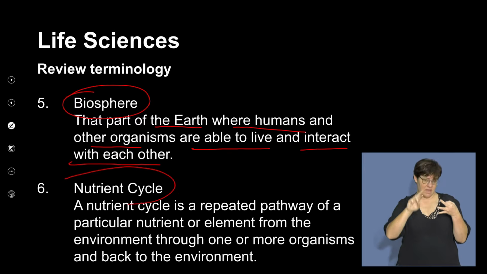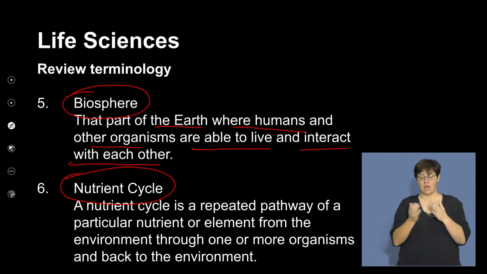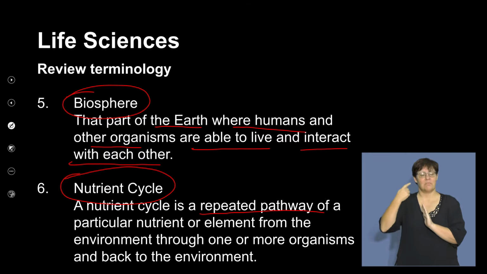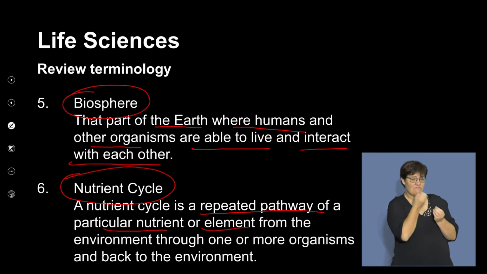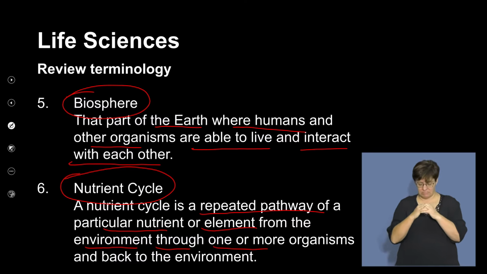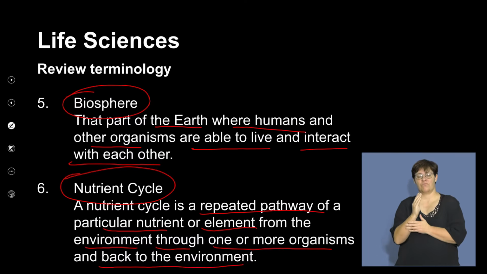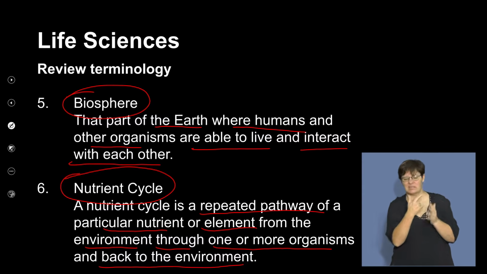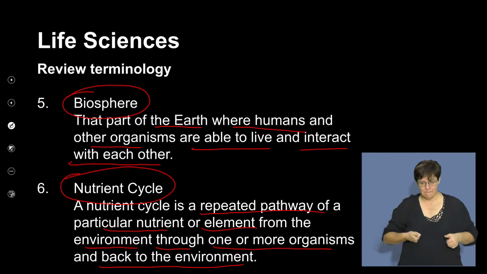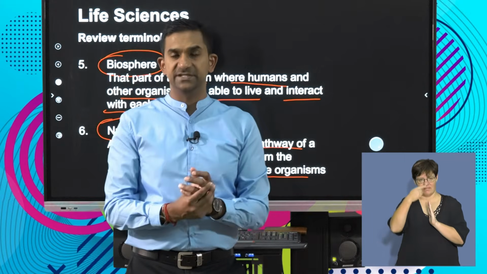Finally, the focus of this lesson will be on the nutrient cycle. Again, the nutrient cycle is a repeated pathway of a particular nutrient or element, so those are the building blocks, from the environment through one or more organisms and back to the environment. The concept of a cycle refers to a continuous flow of a specific substance.